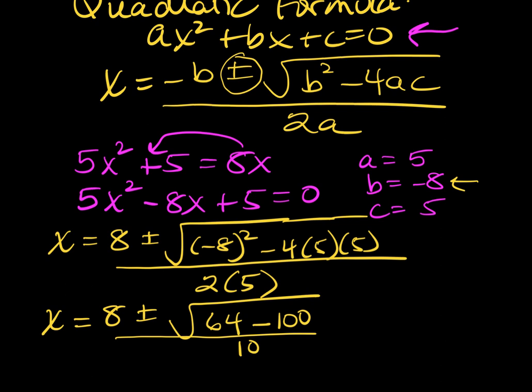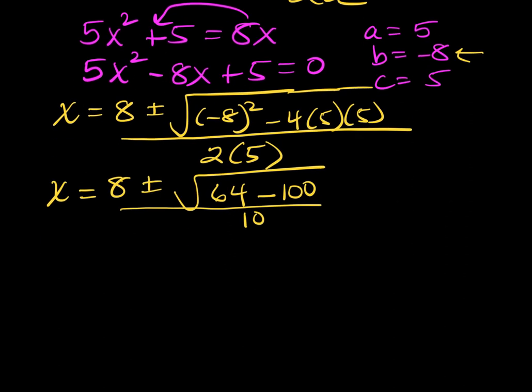So that's what we have so far. We're just going to keep working on this and keep simplifying. So let's do a little bit more simplifying here. And so now we're going to say x equals 8 plus or minus, so underneath my radical is a -36, all over 10.